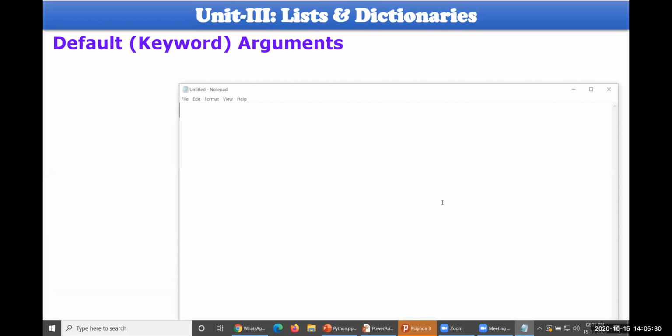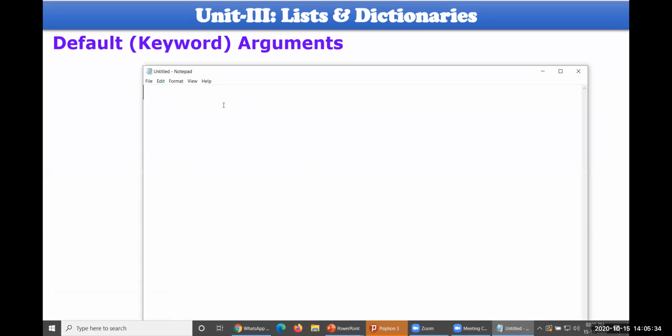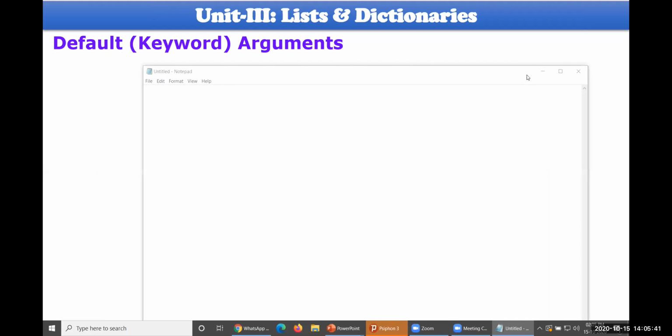So let me open this notepad. Let us see. We have a specific function in Python, namely range. This particular function has three parameters actually.